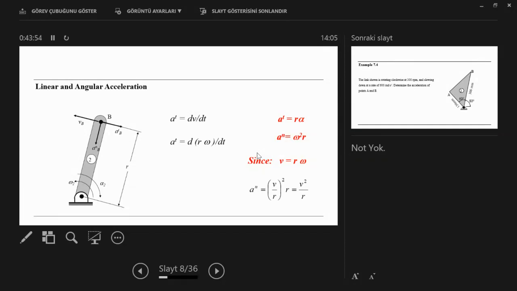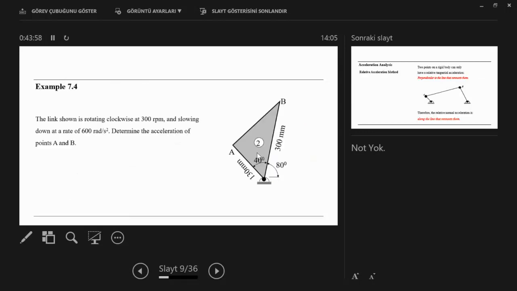Knowing that, we can solve this problem maybe. So the link A shown is rotating clockwise at 300 RPM, and slowing down at a rate of 600 radian per second square.